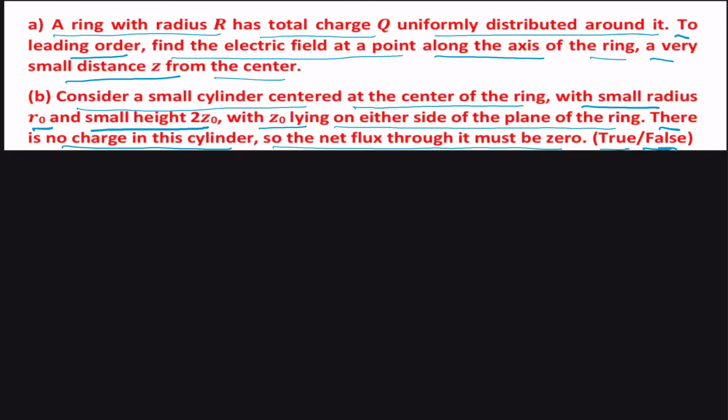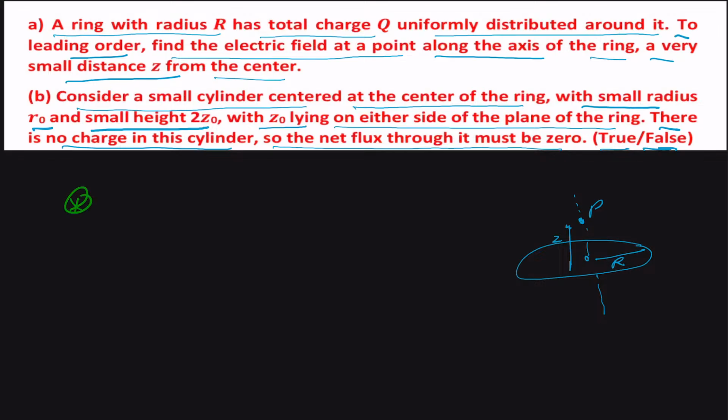So first of all, we are interested in the ring, and a point on the ring's axis at a small distance z from the center. Let us say this is point P, and this is the center, and it is at a distance z, and we have the radius r. Here we can use the direct formula.